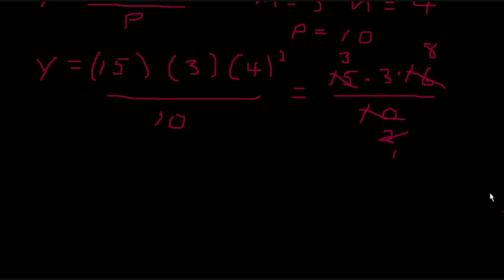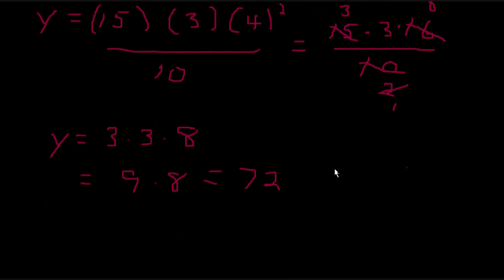Let's see, what do I have left? I have y equals 3 times 3 times 8, and 3 times 3 is 9, times 8 is 72. So our final answer to this problem is y equals 72.